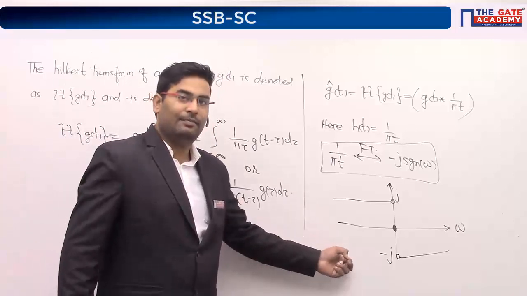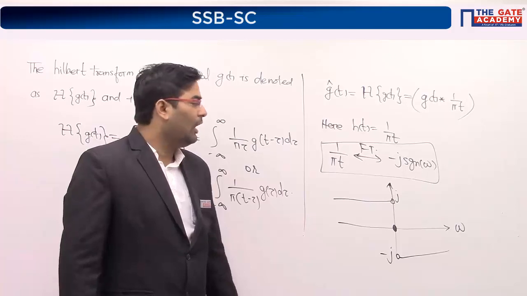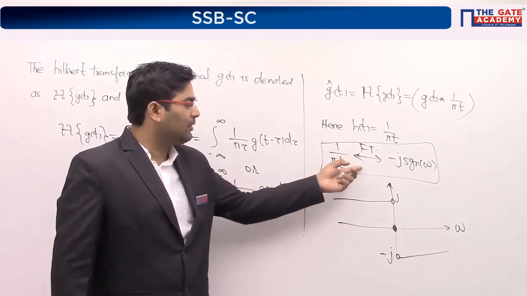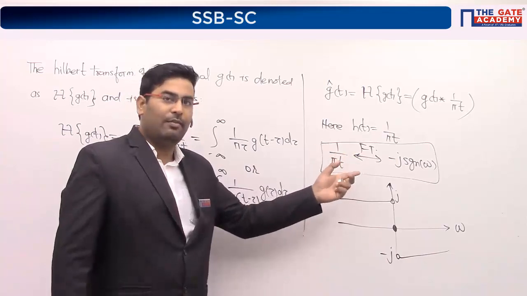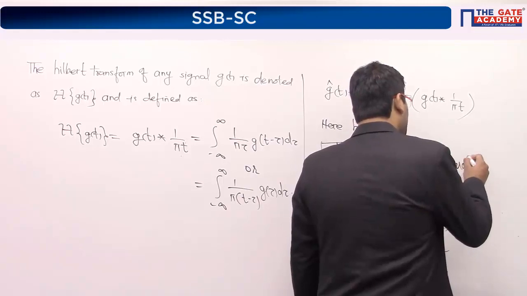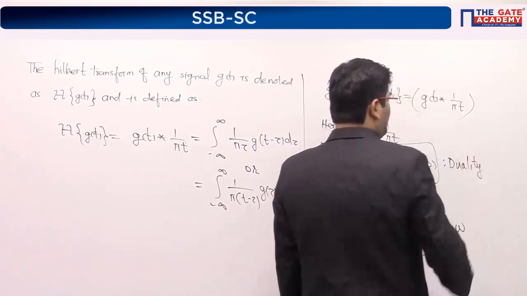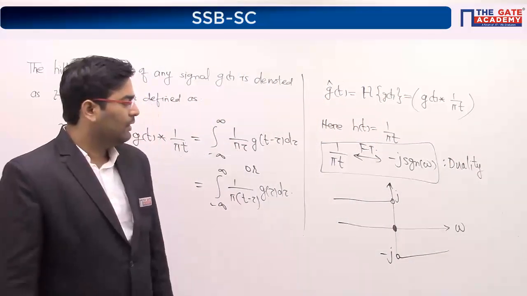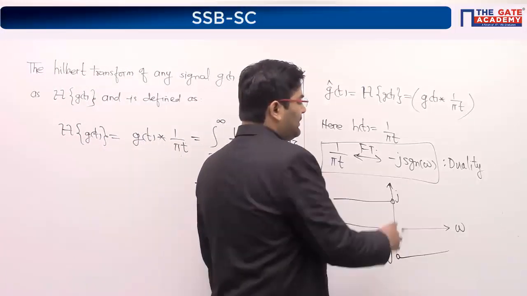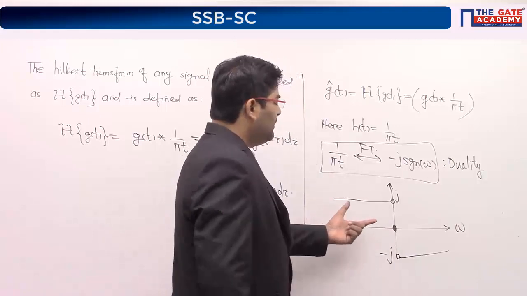Can you see it, guys? How this is coming, I have told you to go through signals and systems. As of now, you can just remember. The property that you are using to get this is known as duality.